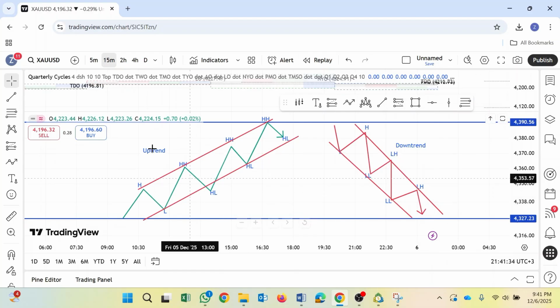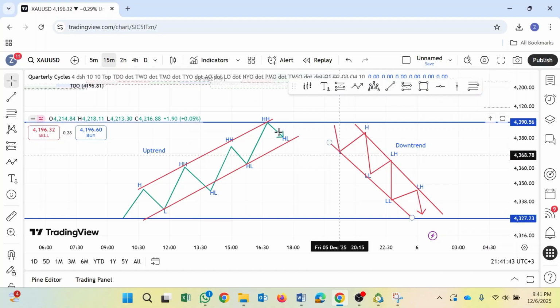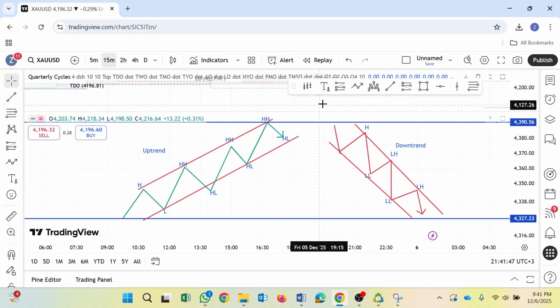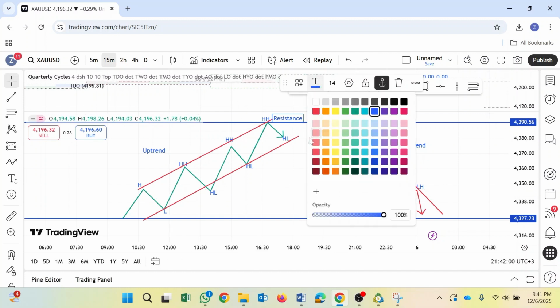Now the same case like you've seen in the consolidation, the same happens with the uptrend and the downtrend. This upper line here is called the, let me see whether you can remember, try make a guess. Is the resistance? Yes, you're right. Then down here we have what we call what?